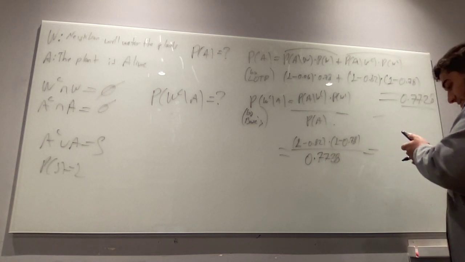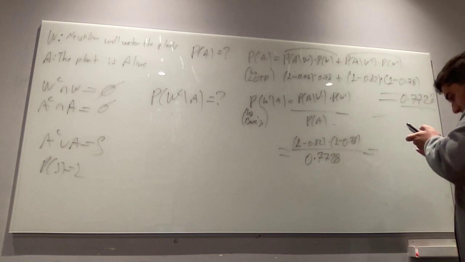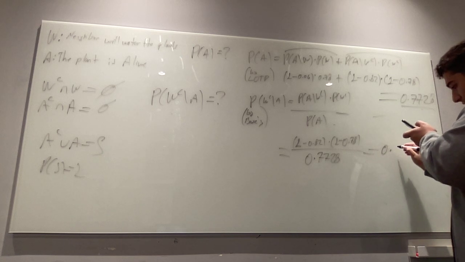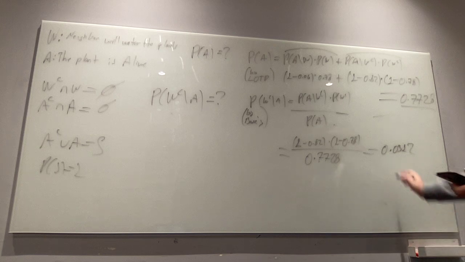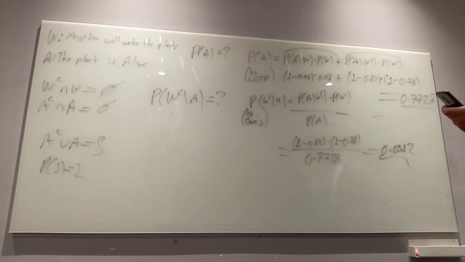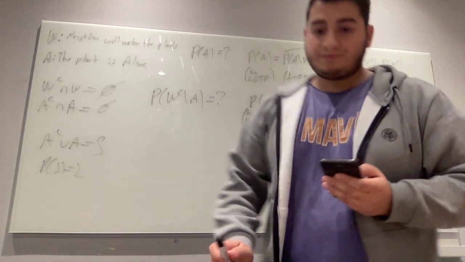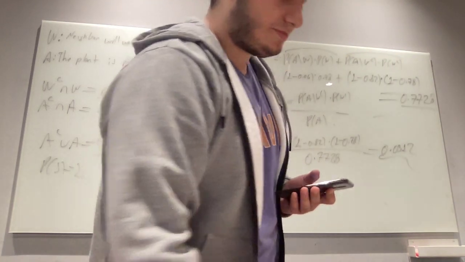And what is it? It's 0.0512. That's the probability of part B. That's it for the first question. I have 2 more questions.